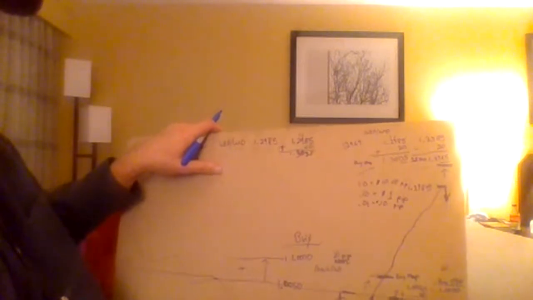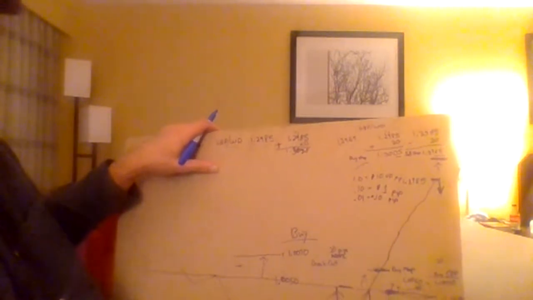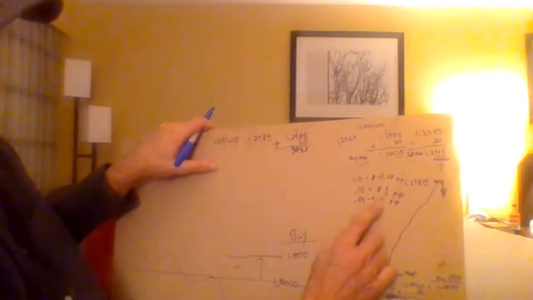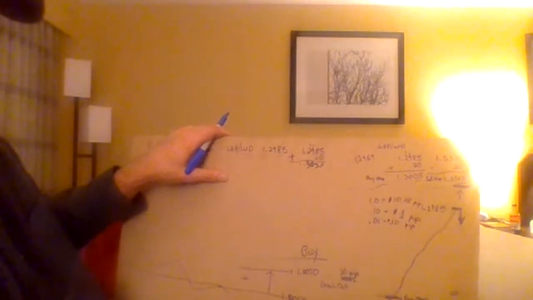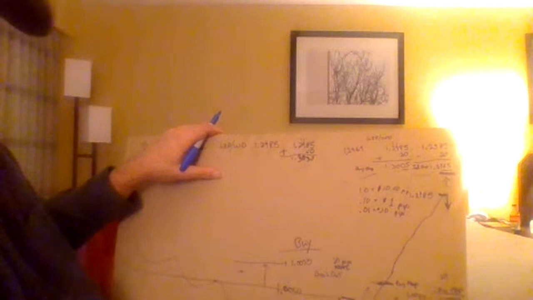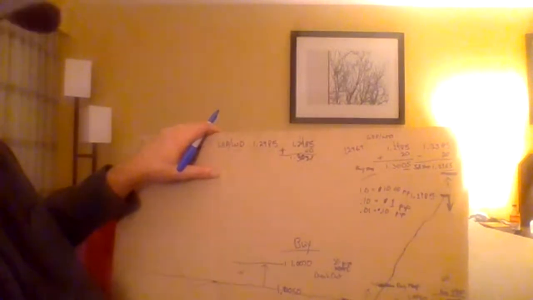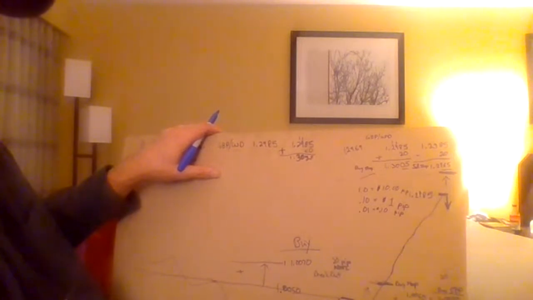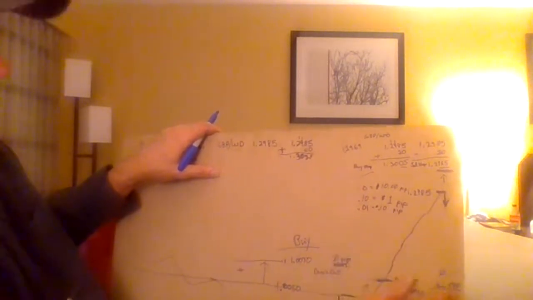It depends on the currency, the spreads, and your broker. But let's just say around $20, $30. 10 cents a pip times 40 pips is $4. So I'm risking $4 to make $10.